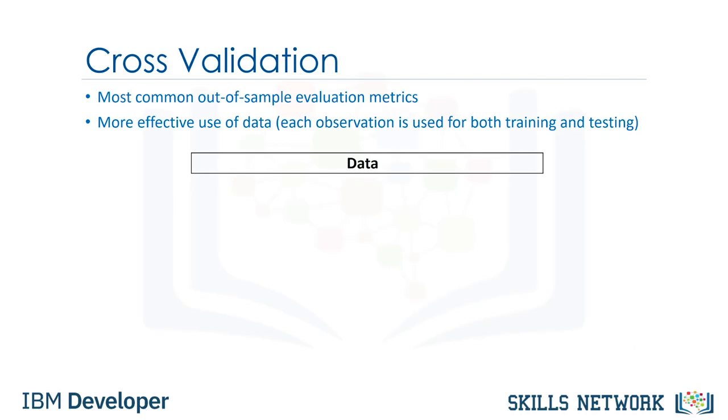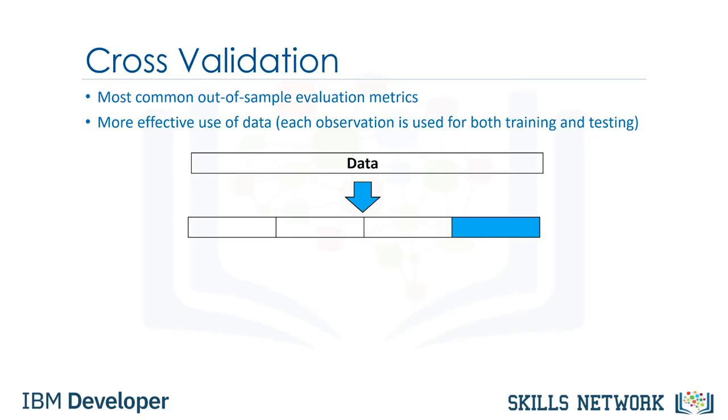One of the most common out-of-sample evaluation metrics is cross-validation. In this method, the data set is split into k equal groups. Each group is referred to as a fold. For example, 4 folds. Some of the folds can be used as a training set, which we use to train the model, and the remaining parts are used as a test set, which we use to test the model.